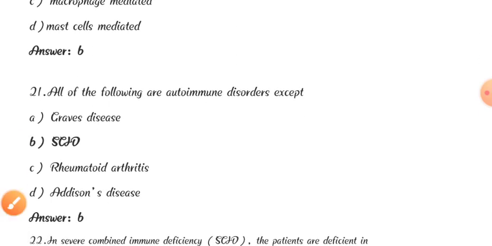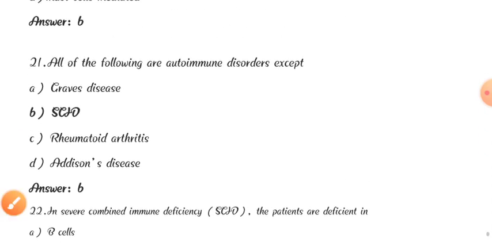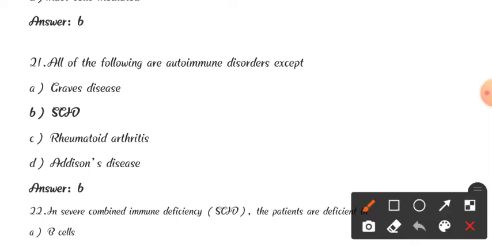Now next question, question number 21 friends. All of the following are autoimmune disorders except SCID. Graves' disease, rheumatoid arthritis and Addison's disease are autoimmune disorders.